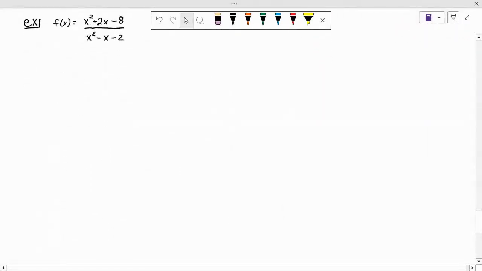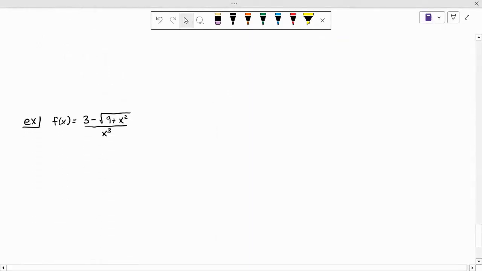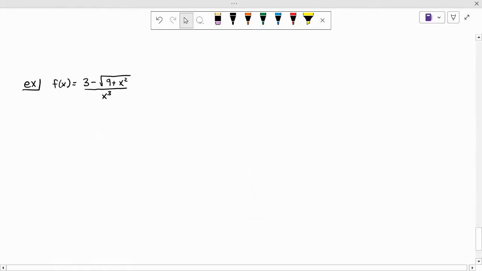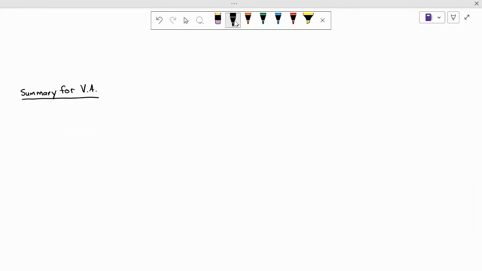Well, I'm going to have to skip these next two examples, because it's too long. But I guess the summary is, for finding vertical asymptotes, find where you have a denominator equal to 0.